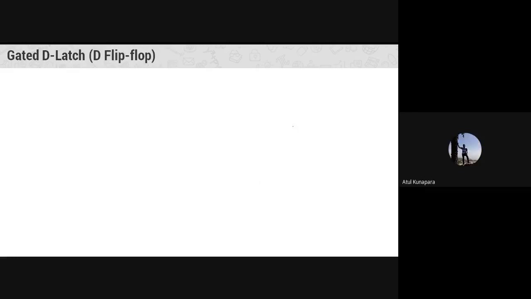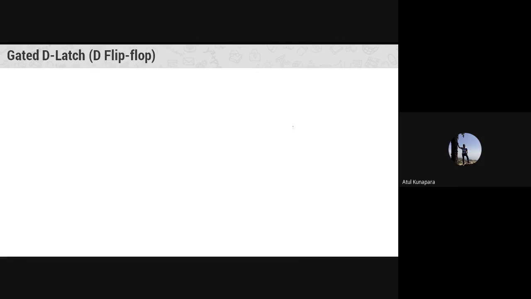Now, the next flip-flop we want to discuss is the D flip-flop. This D flip-flop is made using the SR flip-flop. But here two separate signals are not given, because you have seen earlier that when you make S and R both equal to 1, 1, it is considered an invalid state at the output side.